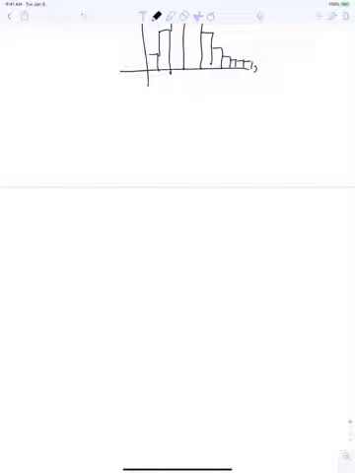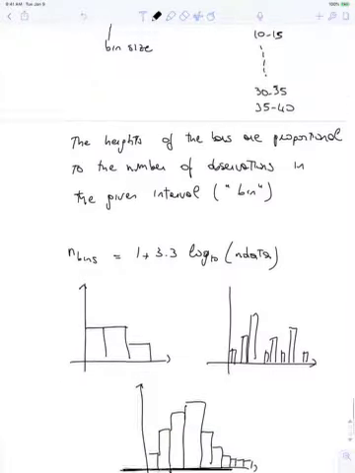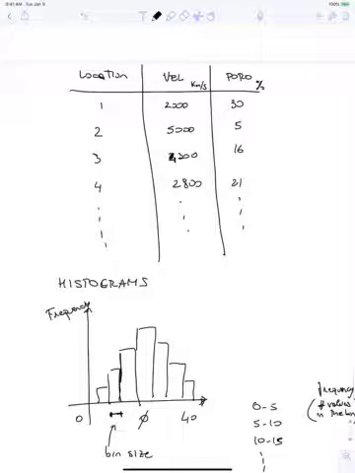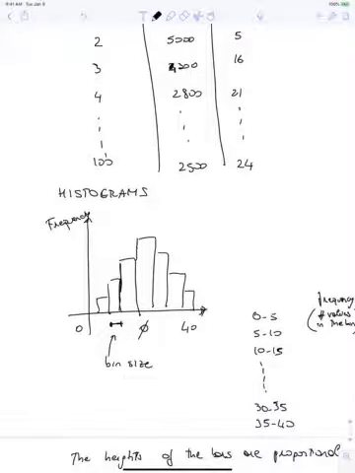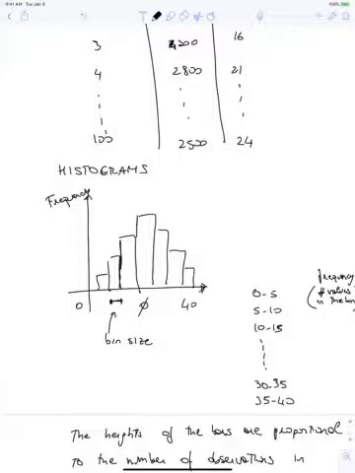So instead of plotting the counts themselves, so for example, in this case, let's say that our initial data set had 100 samples. So we had 100 different locations. So I added one sample at the end just to show you how big our data set is.